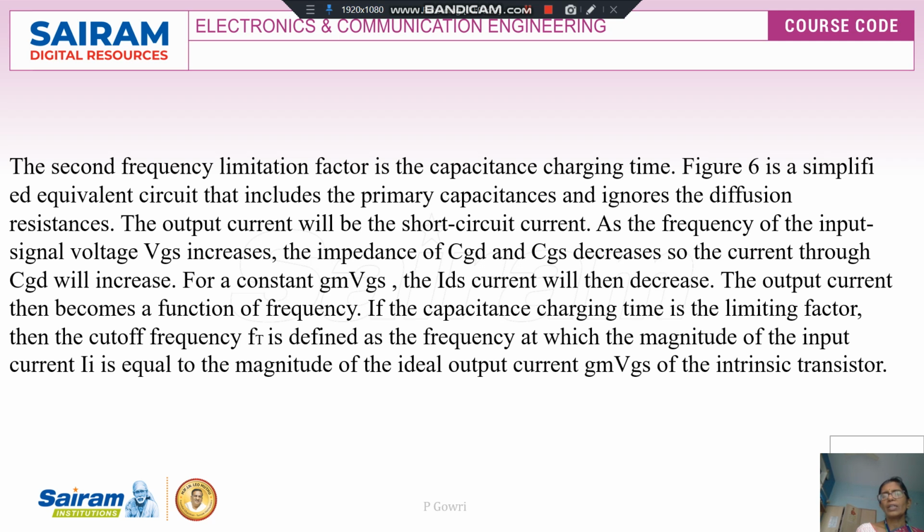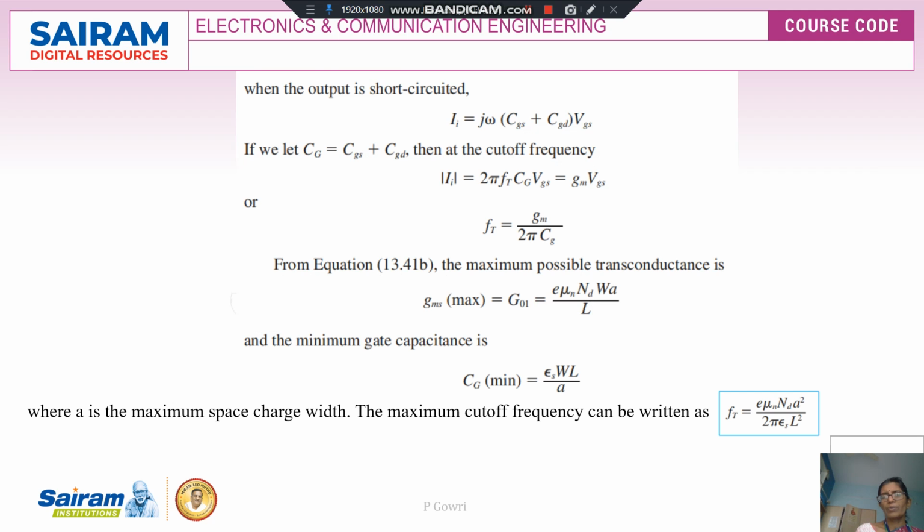So we can equate these two conditions and obtain the maximum cutoff frequency. When the output is short circuited, Ii is equal to j omega into CGS plus CGD into VGS. If we let CG be equal to CGS plus CGD, then the cutoff frequency is given by Gm divided by 2 pi CG.